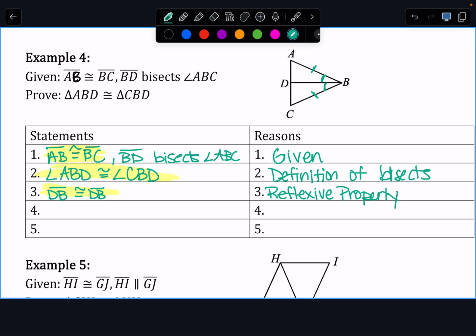I'm going to mark it so I can see I have two sides and an included angle. So I have triangle ABD is congruent to triangle CBD by side angle side.